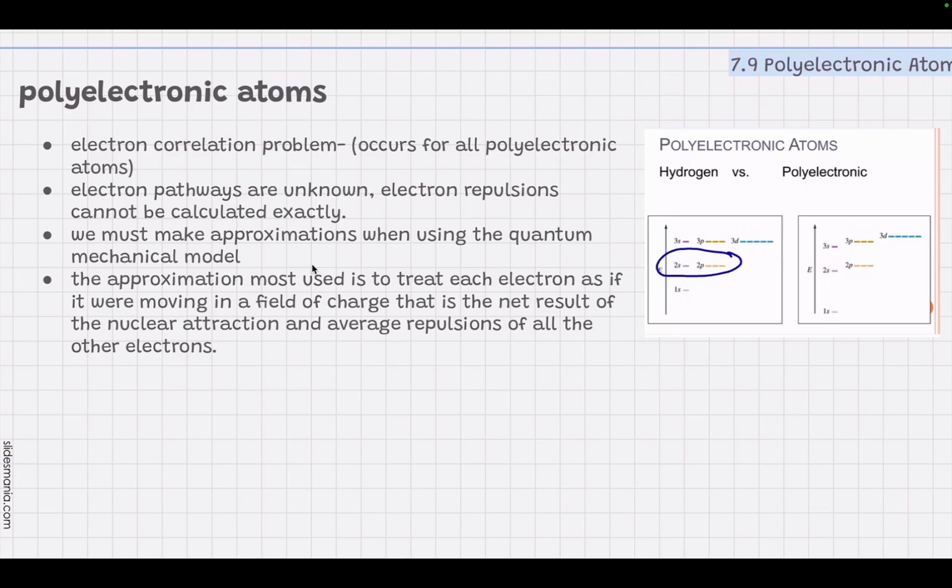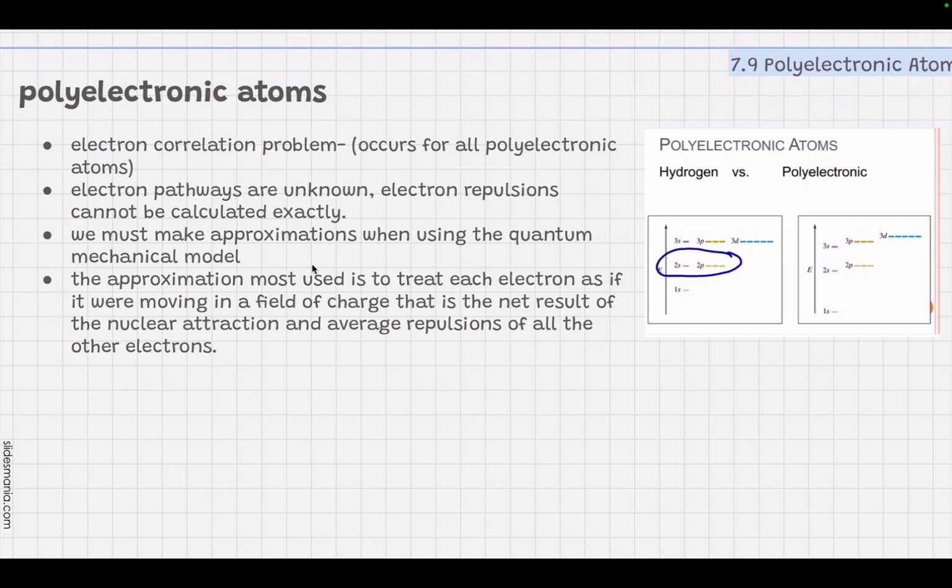Electron repulsions can't be calculated exactly, but we can make approximations. The approximation we use is to treat each electron as if it were moving in a field of charge that's a net result of the nuclear attraction and the average repulsions of all the other electrons.